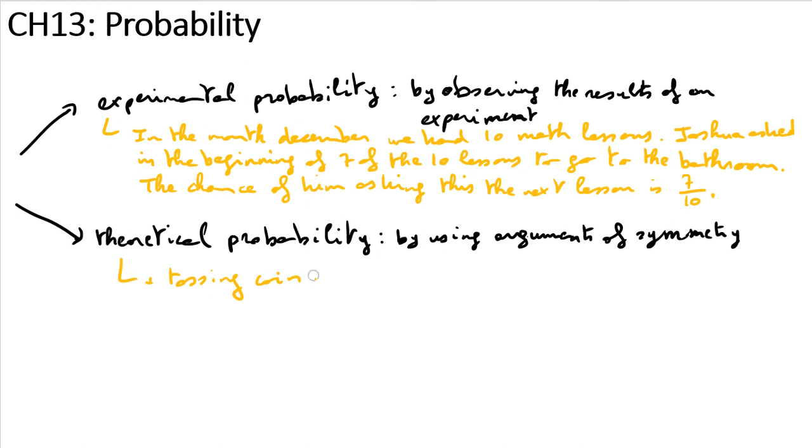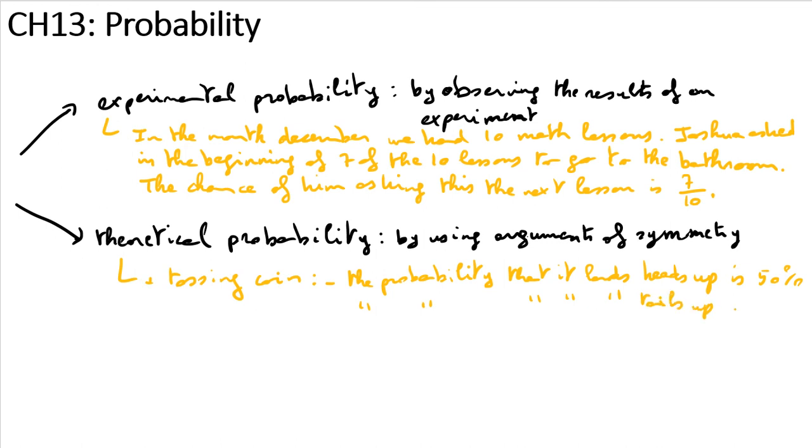So tossing a coin, for example, the probability that it lands heads up is 50% or 1 over 2. And the probability that it lands tails up is also 50%, or 1 over 2.